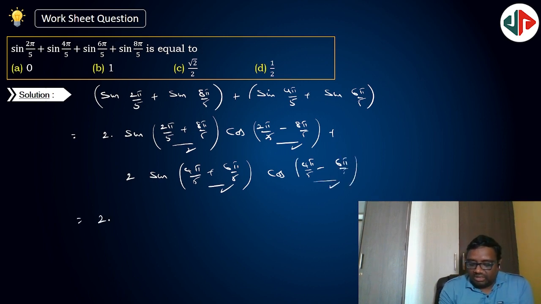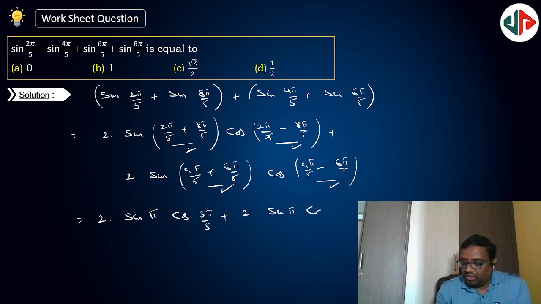So this value is nothing but 2 sin pi into cos of 3 pi by 5. Similarly, this is also 2 into sin pi into cos of pi by 5. But sin pi value is always 0. So 0 into anything is 0. So the final answer is 0.